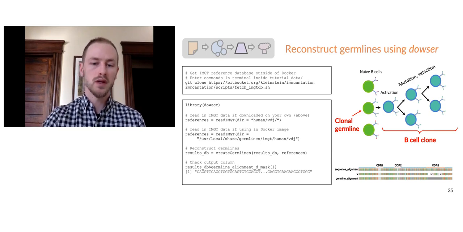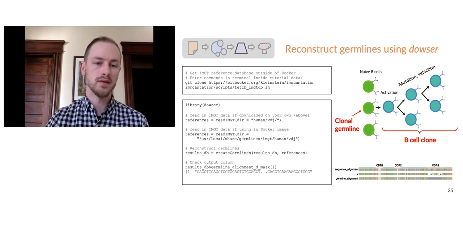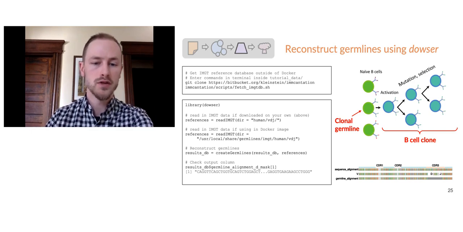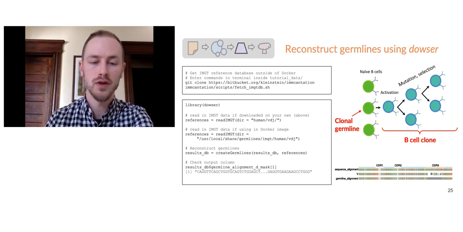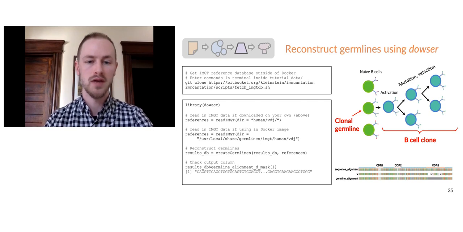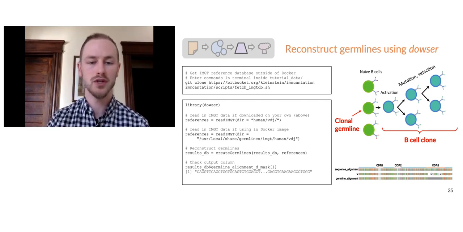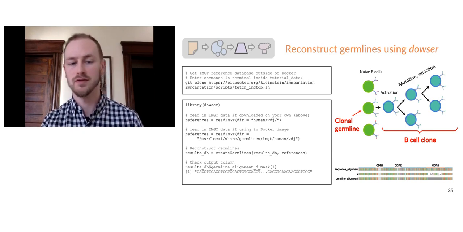Once you've done that, you can go back to your R session and read in the IMGT reference database using functions in our R package dowser. The function for doing that is readIMGT, and all you have to do is input the location of the IMGT reference database that you downloaded. Here we're analyzing human data, so the location, if you downloaded this database on your own, is human/vdj.